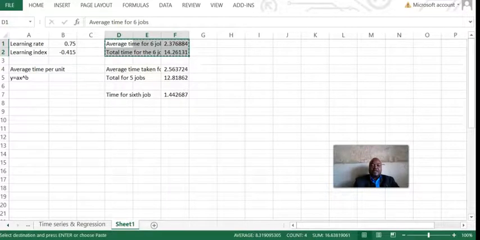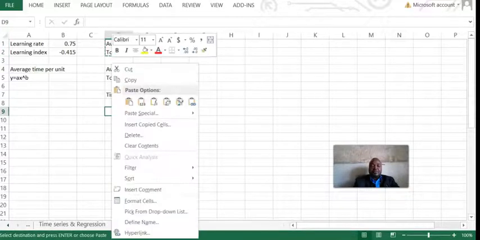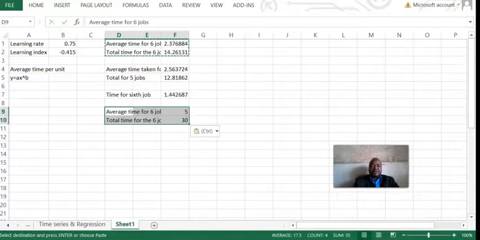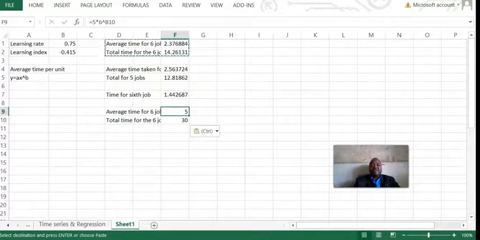You could see the figures have changed, because of the issue of relative and absolute referencing. We didn't want this to change. This one shouldn't have changed.